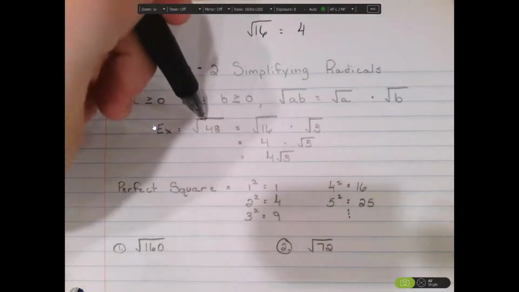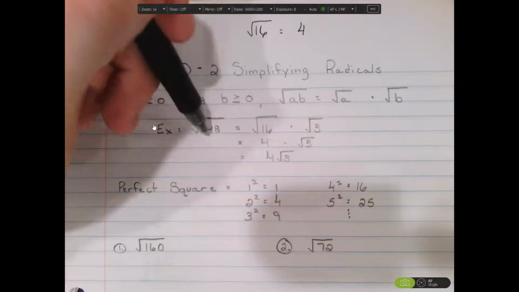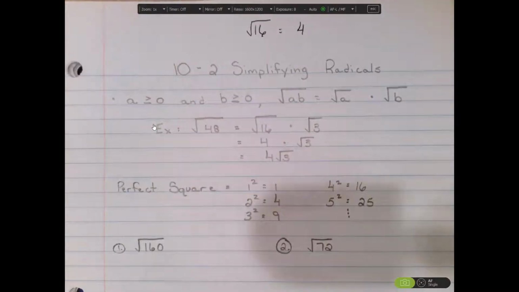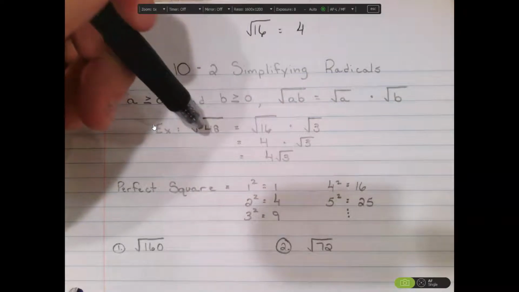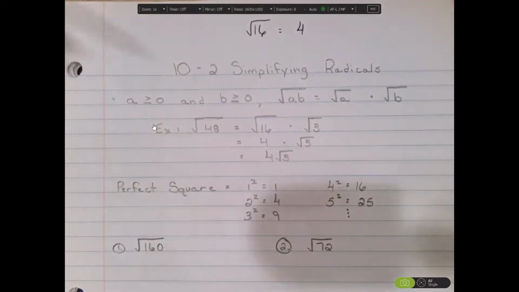So if I take, for example, the square root of the number 48, you might be asking yourself, okay, what times itself equals 48? And there's nothing. 48 is not a number where something times itself will give you 48.